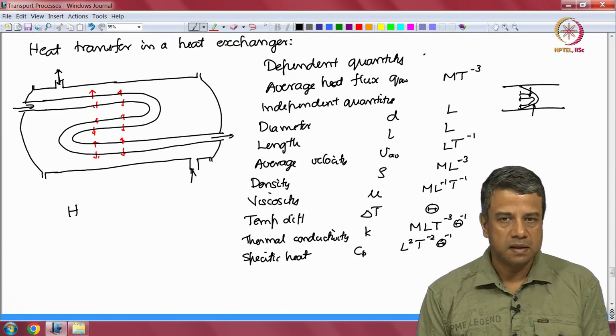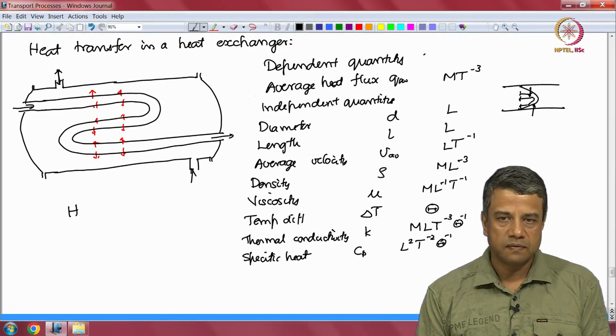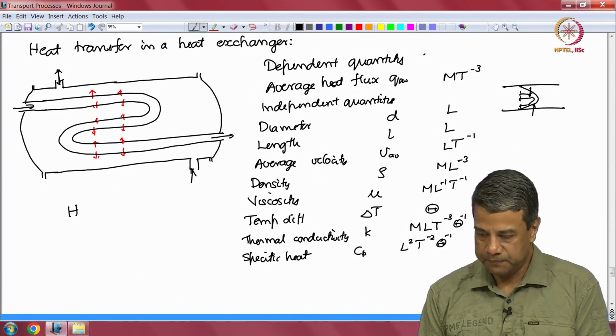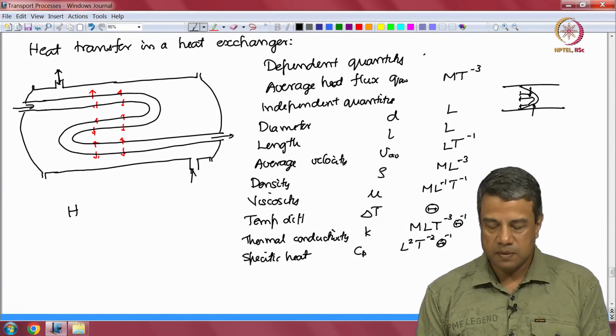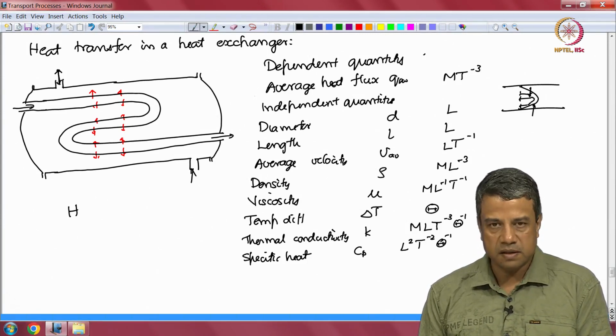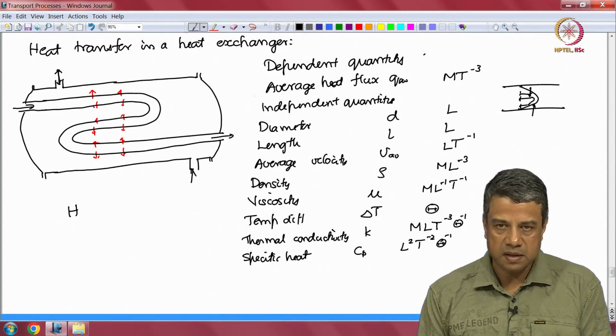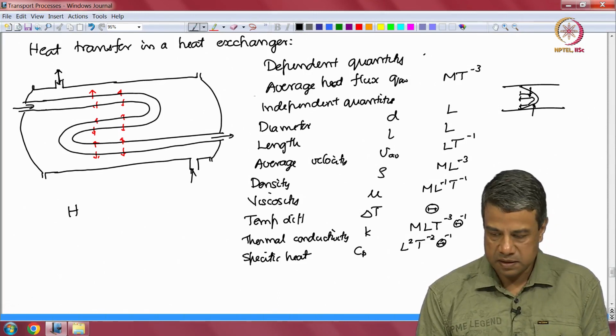Independent quantities: geometric quantities, length and diameter of the pipe; flow quantities, the flow velocity and the fluid properties, density and viscosity; thermal quantities, the temperature difference that is driving the heat transfer, the thermal conductivity and the specific heat. And we had written down the dimensions of all of these quantities.